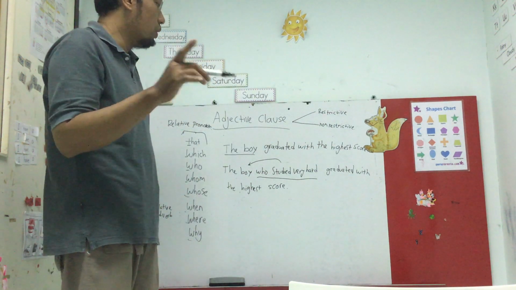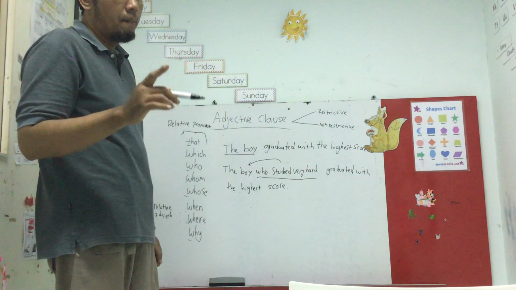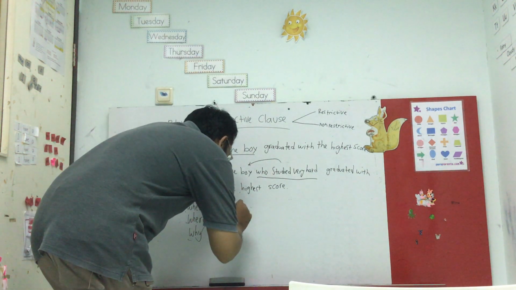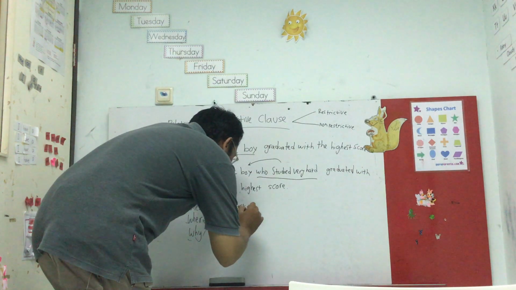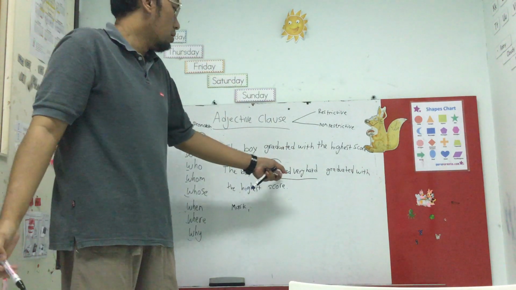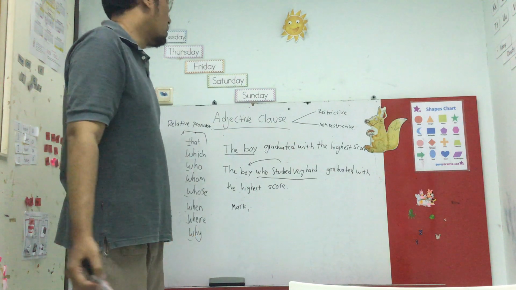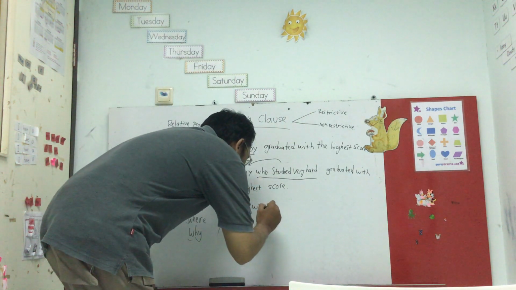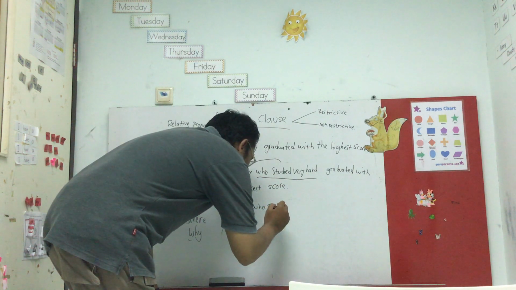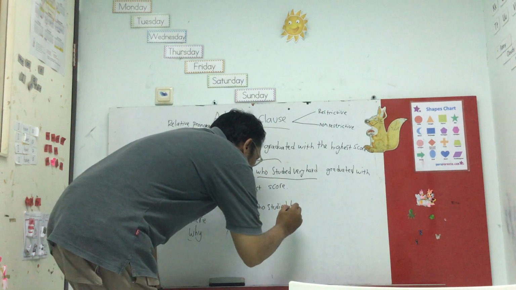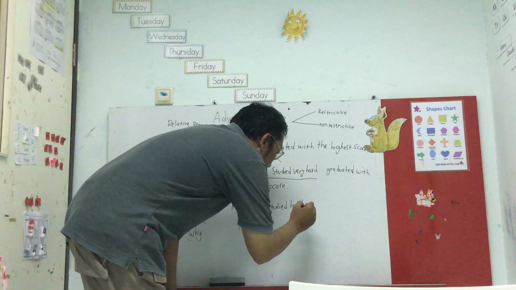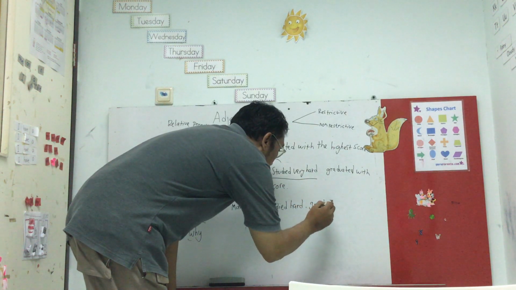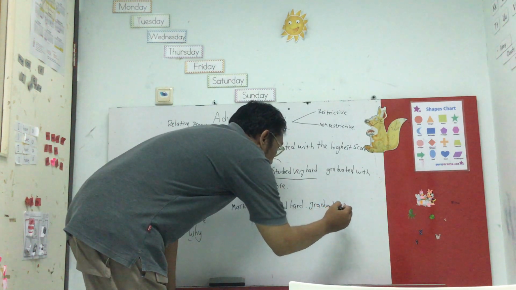Different if we put a name on the boy, for example, Mark. So we put who studied hard with a comma. Mark, who studied hard, graduated yesterday.